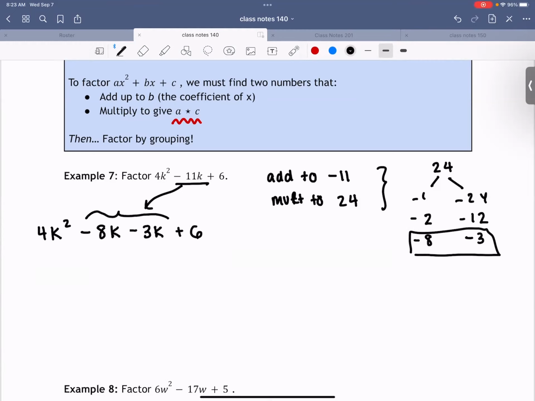It has 4 terms. What can we do with this polynomial? Factor by, starts with the G. Grouping, good, okay. So what we can do is we can separate this in half, okay. What does 4k squared and -8k have in common?